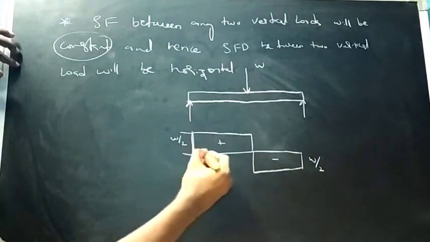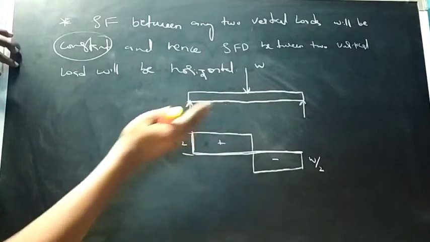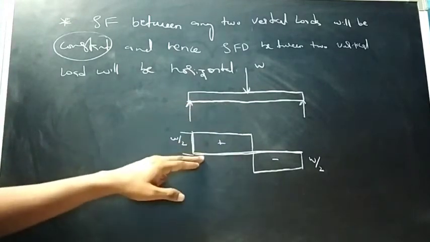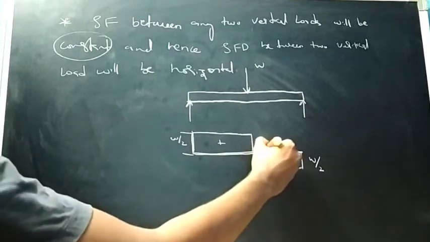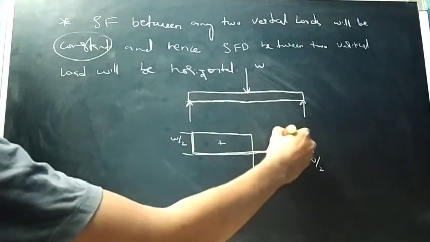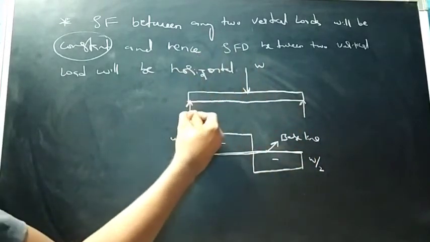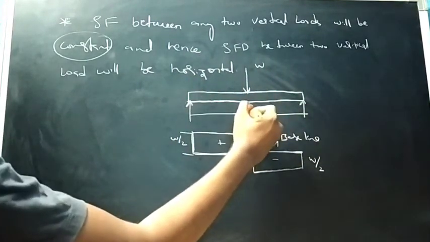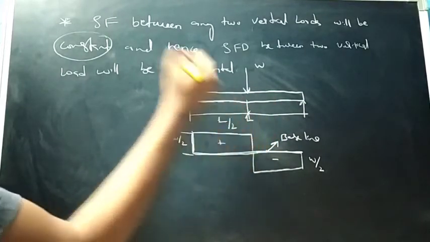So this is our baseline, and the positive value we draw on the top of this baseline, and the negative value will be below the baseline. And this is the length L, and this will be L by 2.